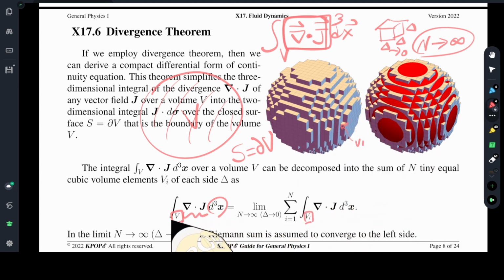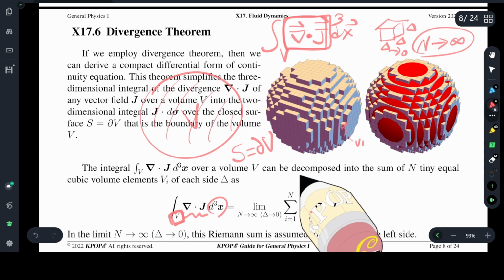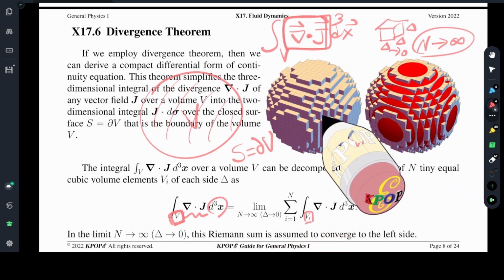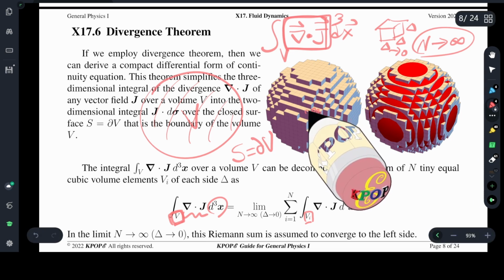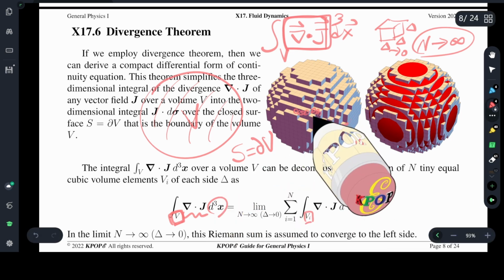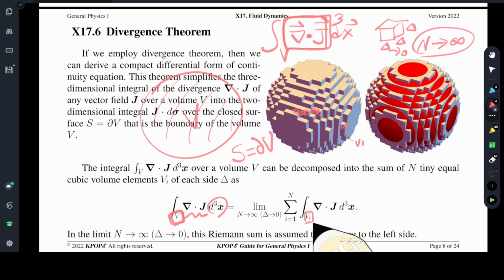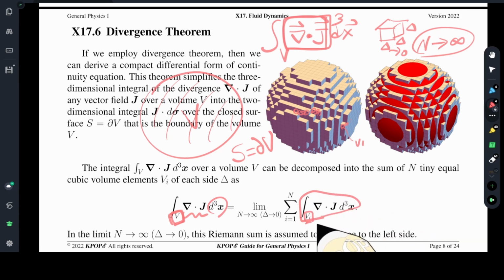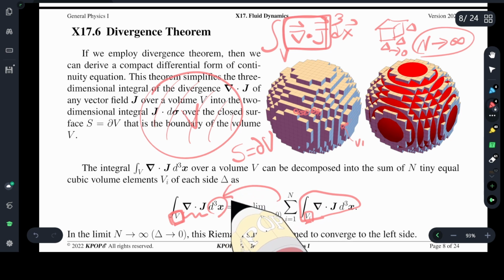In that case, the volume integral over V can be expressed in terms of the volume integrals over these tiny volumes. So why don't we concentrate on a single integral, and then combine everything together to reproduce this whole picture.